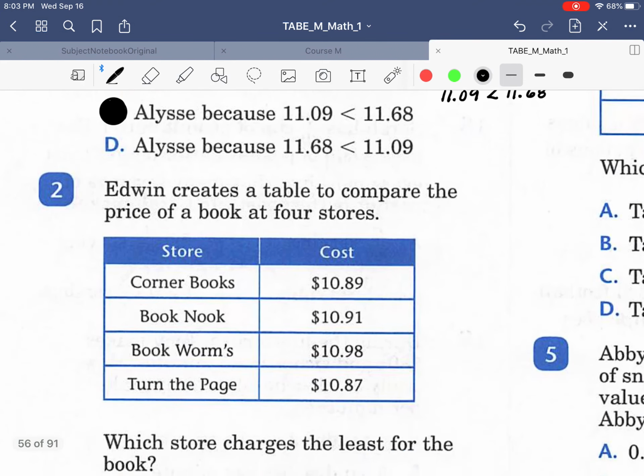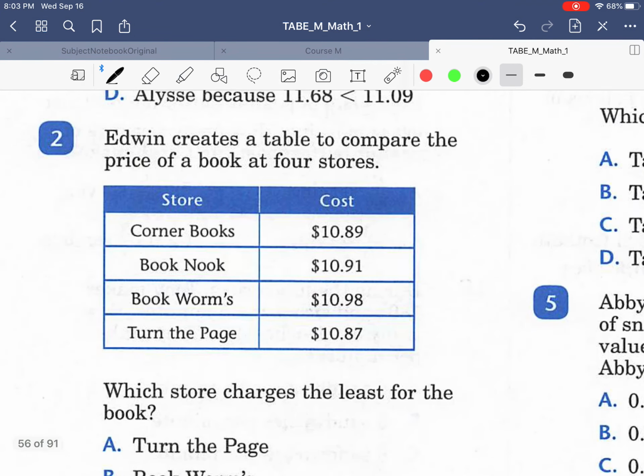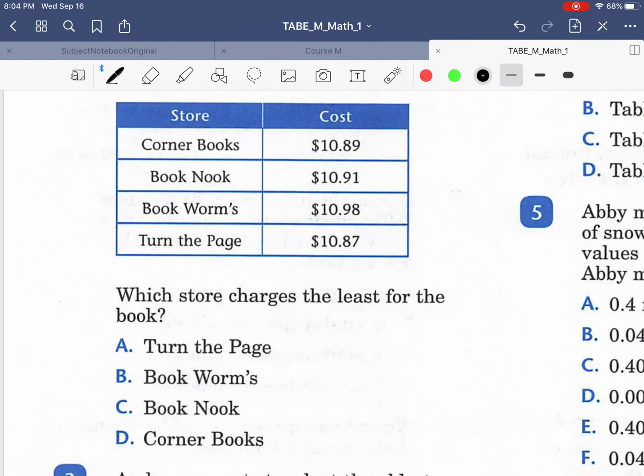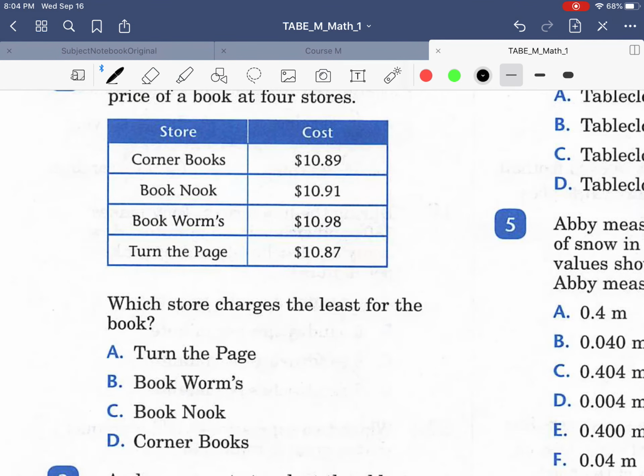Number 2, Edwin creates a table to compare the price of a book at 4 stores. In the first column I have 4 different stores, and in the second column I have the cost at each of those stores. Which store charges the least for the book? Again, least is smallest. So which of them has the smallest price?